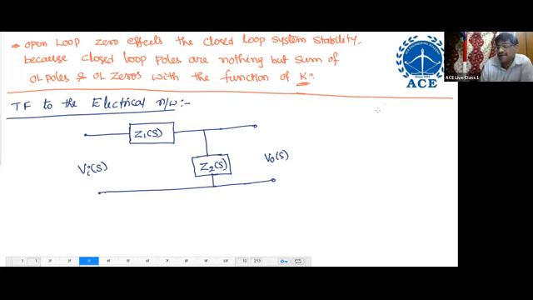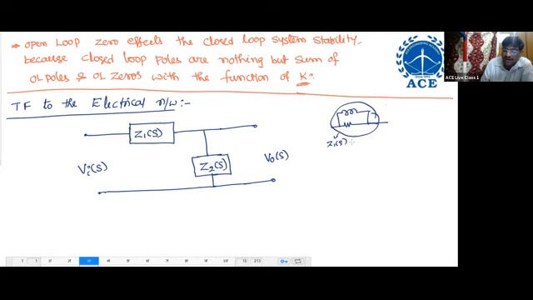For example, I'll take one resistor in parallel with some inductor. Then simplify this parallel combination, and you take it as Z1 of S.